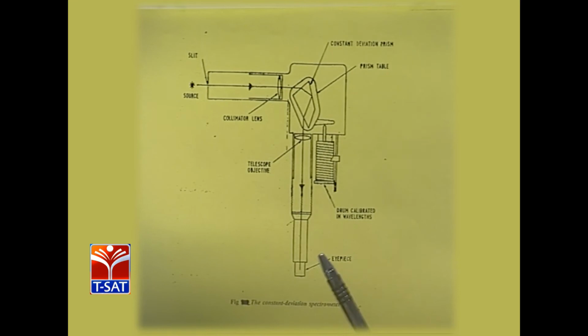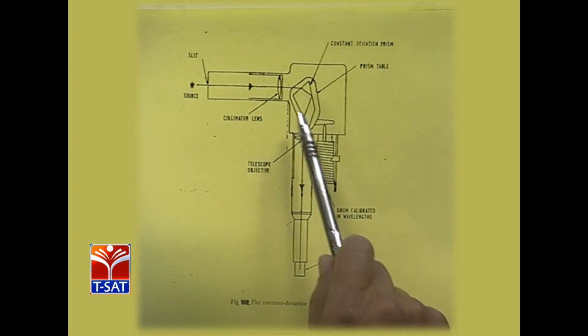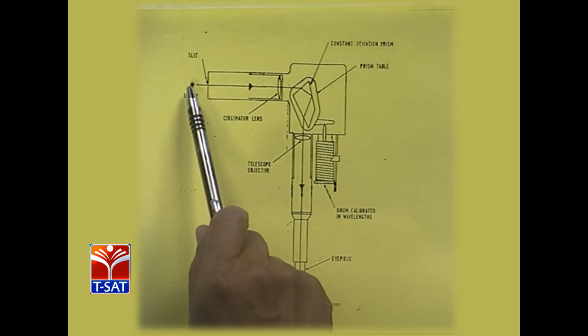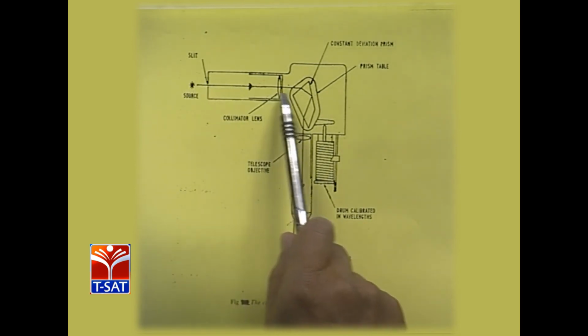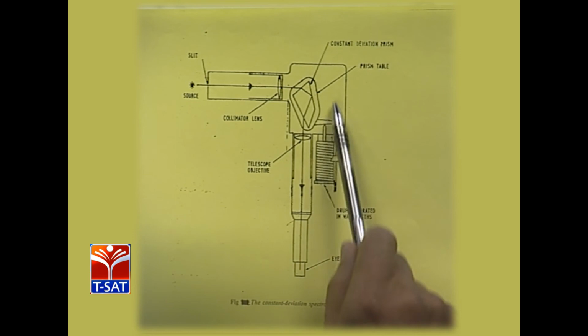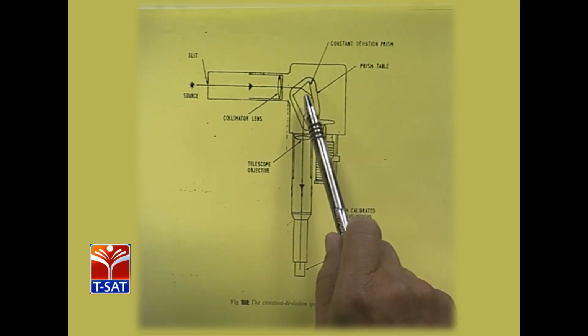What we have seen earlier is an ordinary spectrometer used in BSc and MSc labs. Now, what we are going to see on this monitor is the constant deviation spectrometer. A constant deviation spectrometer consists of a slit. From the source, the light passes through the slit and falls on what is called the constant deviation prism.